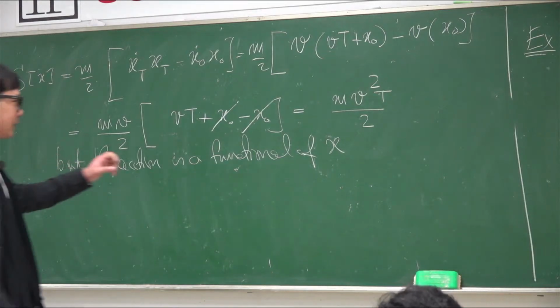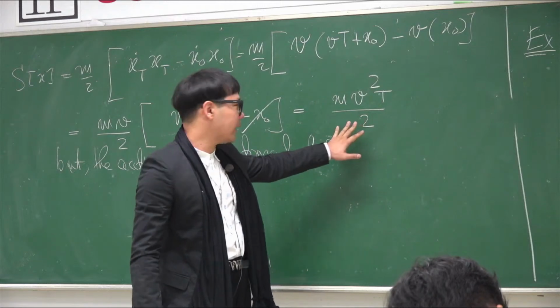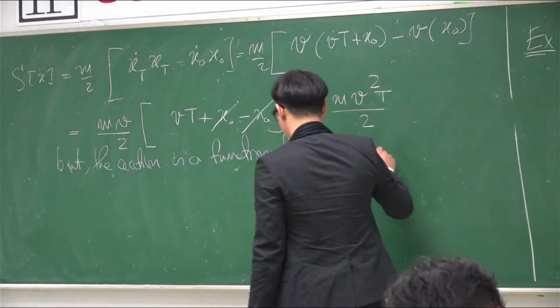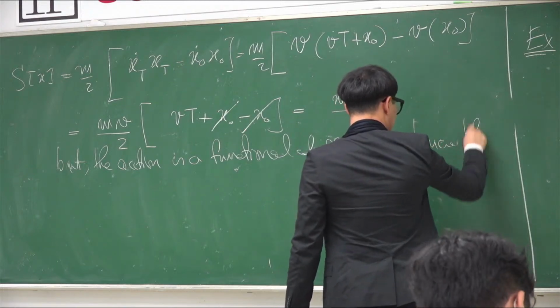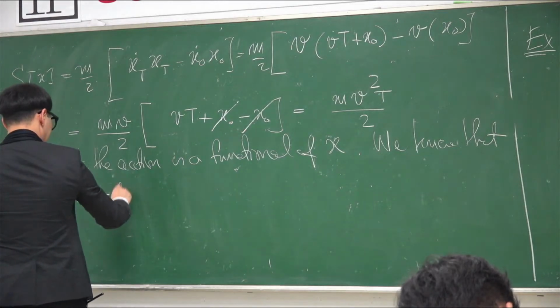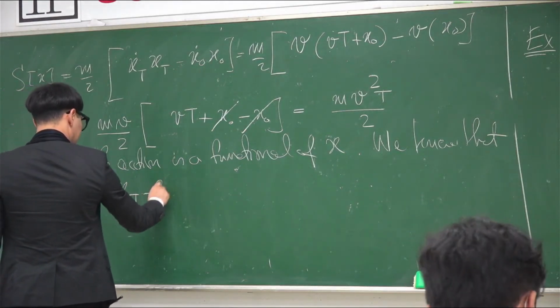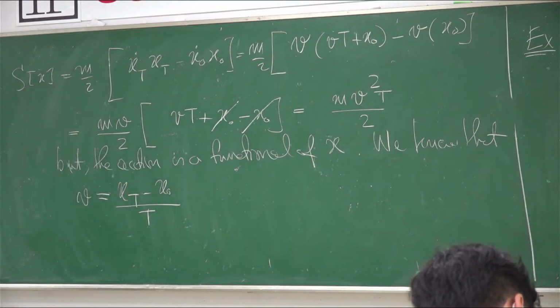It's a function of x, but this is not yet a function in terms of the x, right? And we knew that v is this one, right? It is here.